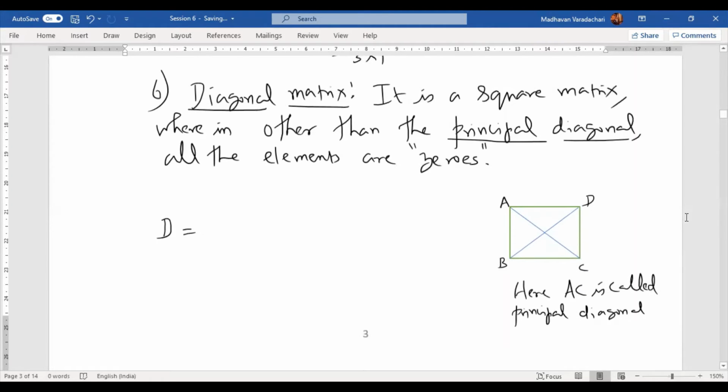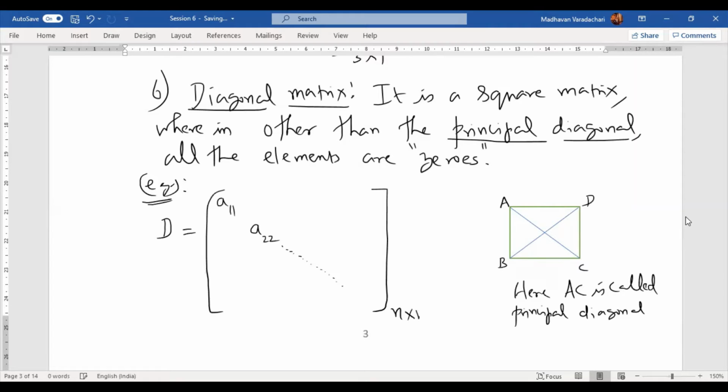Now let me give an example of a diagonal matrix. A11, because it is situated in first row, first column. Here you may have A22 and so on. Let us say we have n rows and n columns. Here we have Ann. Now all the other elements are zeros.